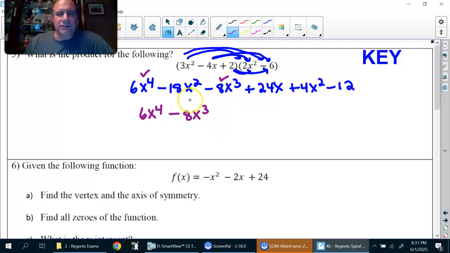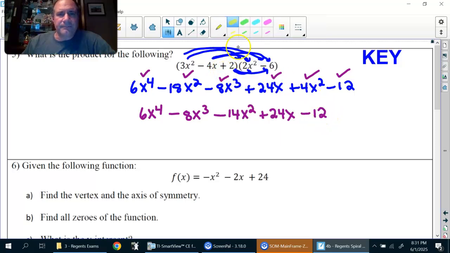So that's good. Negative 18x squared plus 4x squared is negative 14x squared when you combine those. The 24x comes next. That is good. And then the constant is last, which is negative 12. This is your answer.